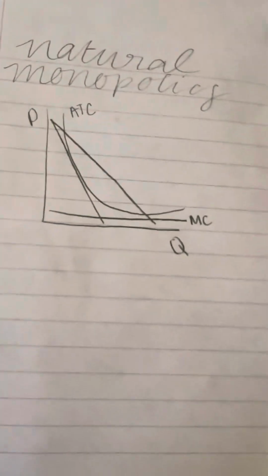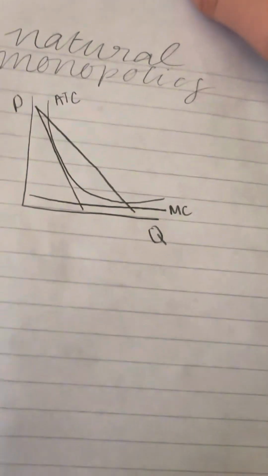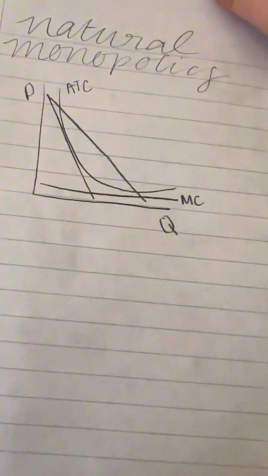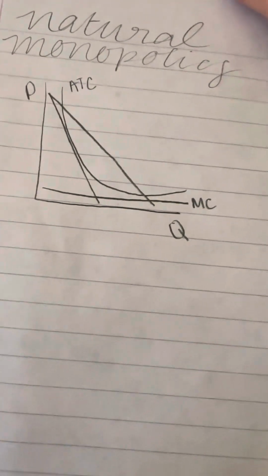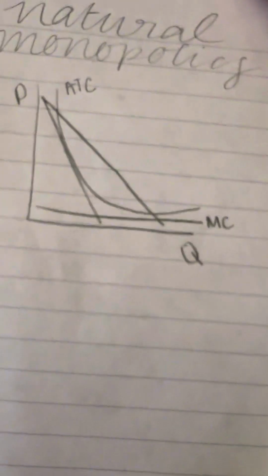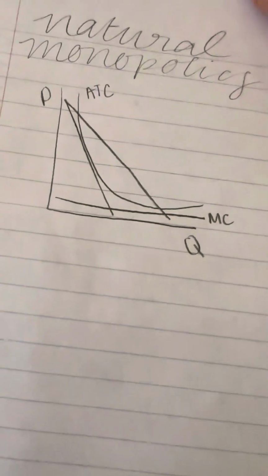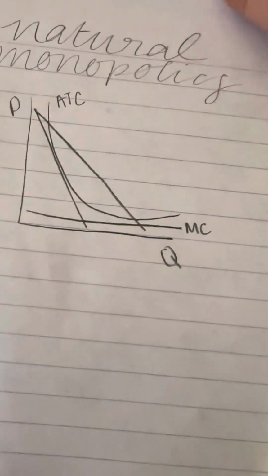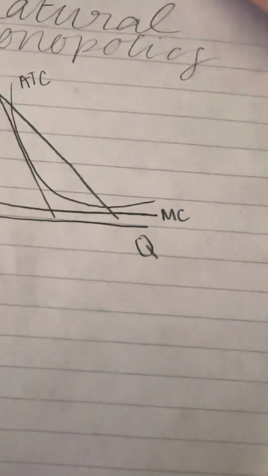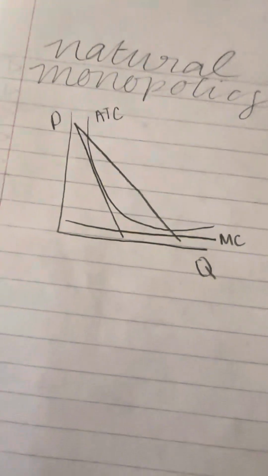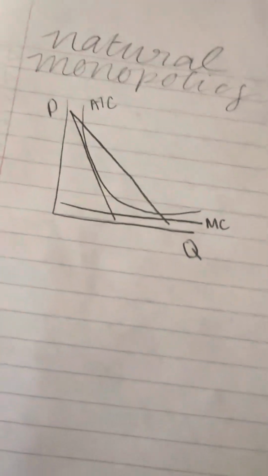An example of a natural monopoly could be something like a water supply company or electricity, because with electricity, building and keeping a power grid is pretty cost heavy. So one provider per area, like for us DTE, is efficient.